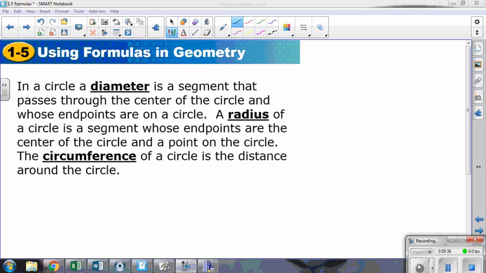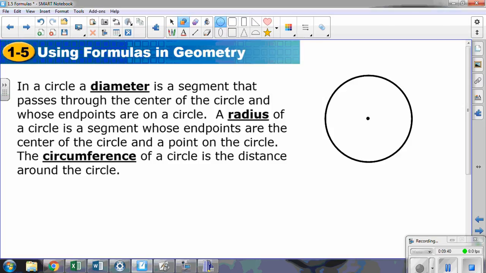All right, a couple other things to keep in mind. If we've got a circle, what's the diameter? Diameter is going to go through the middle all the way across. What's the radius? From the center to the side.